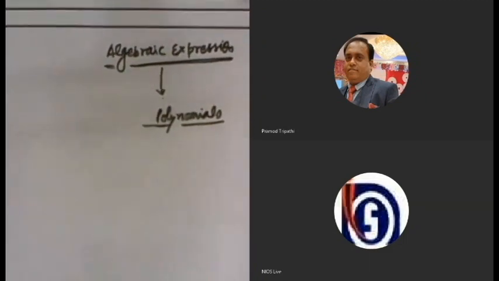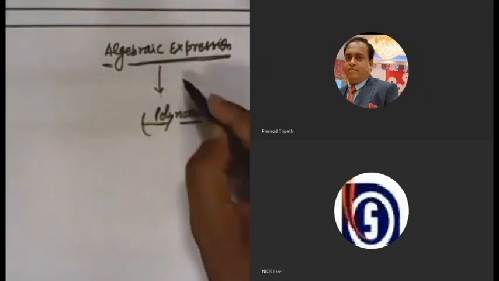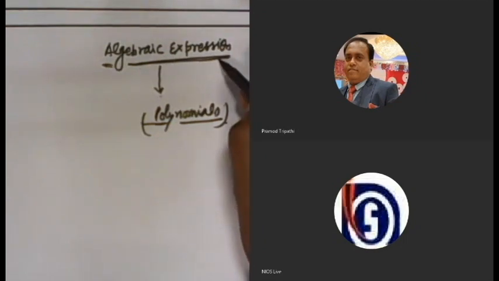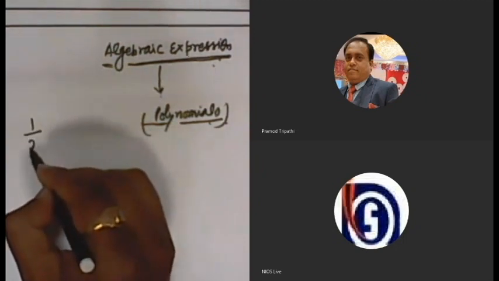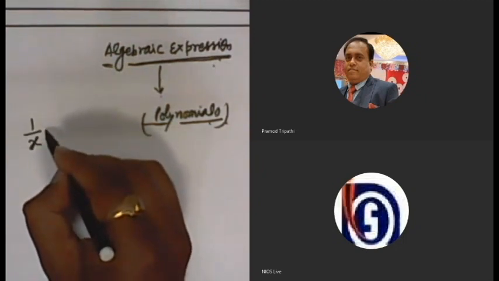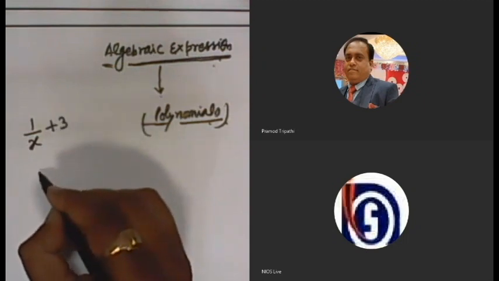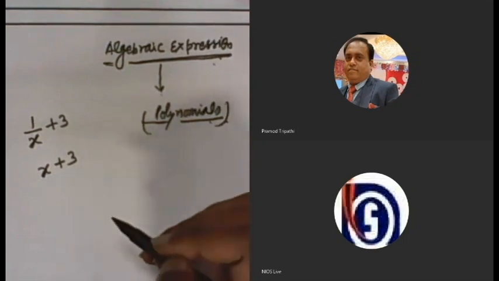So we can see that the polynomial comes under the algebraic expression. All polynomials are algebraic expressions, but all algebraic expressions are not polynomials. Now we take the example 1 upon x plus 3, and another example, x plus 3.